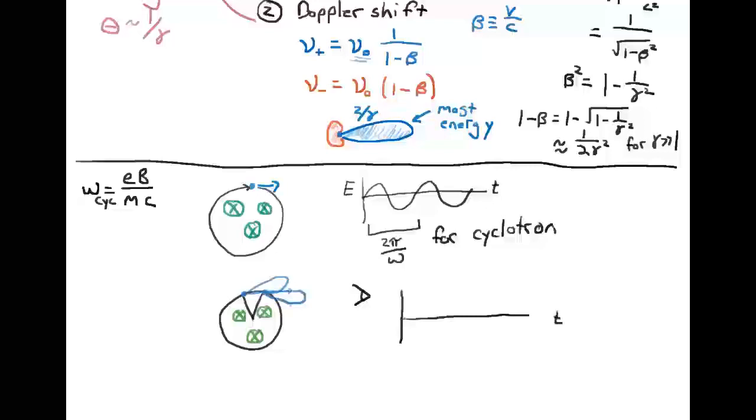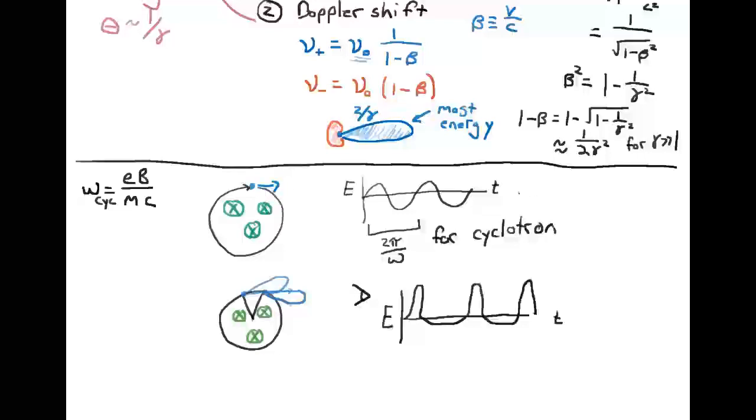And that means the emission that we're going to get is going to be compressed in time. We'll get it for part of it, and then we basically don't get any emission, or very little, for a period of time here while it's pointed away until we get another blip of emission here.